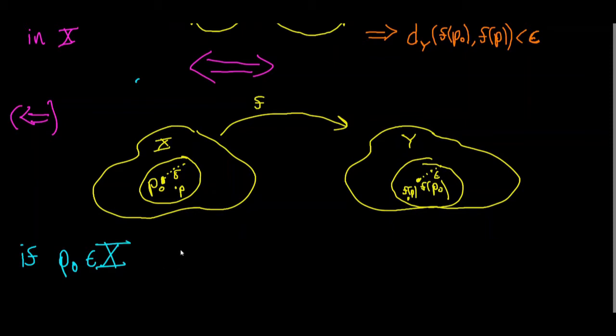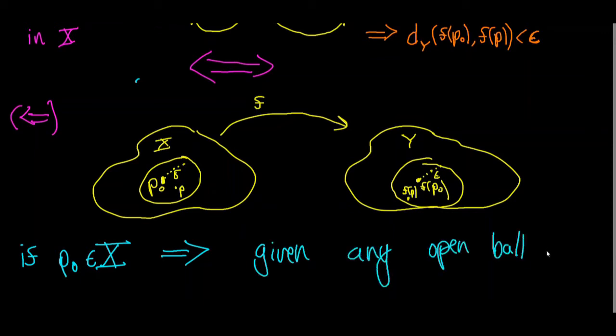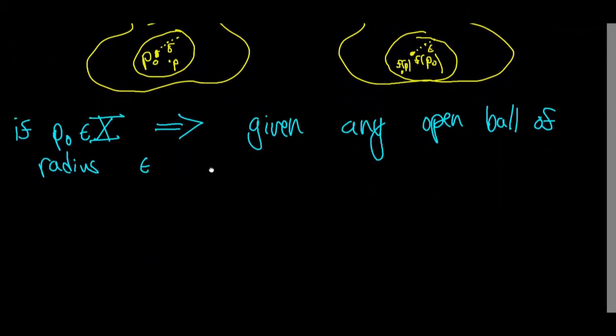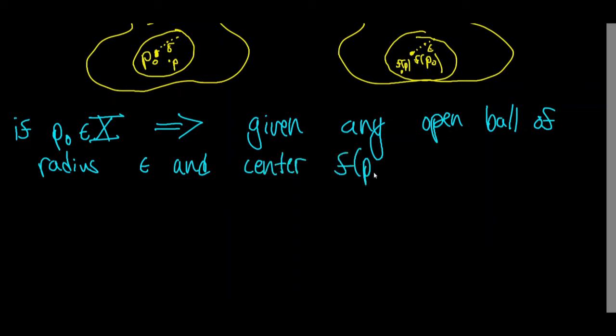then this implies that given any open ball of radius epsilon and center f of p naught, so let me just give a quick drawing of this.